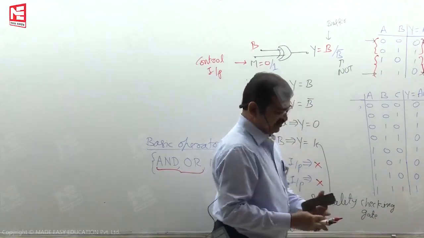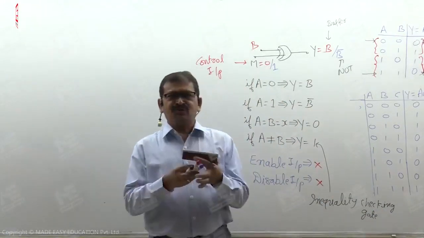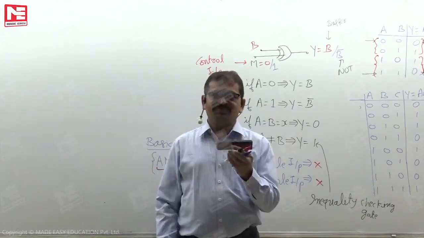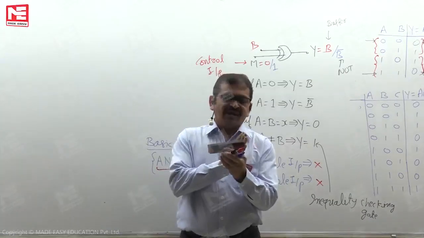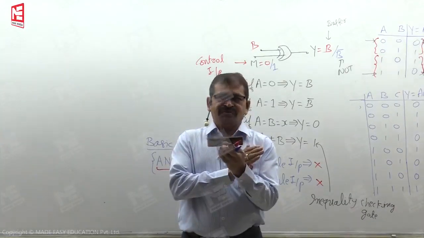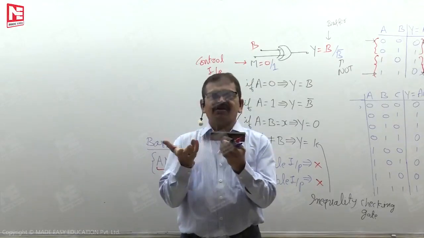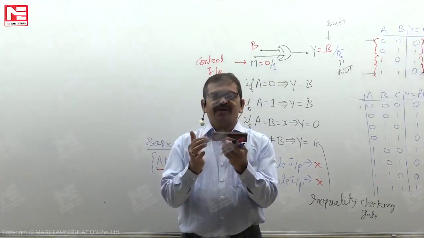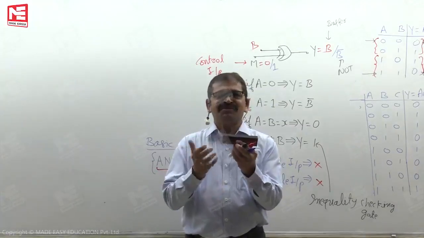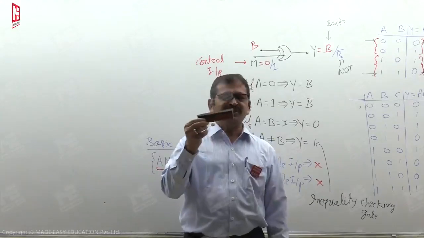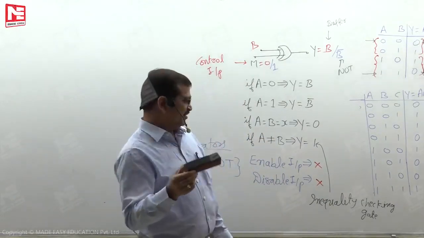Suppose it is a two input exclusive OR gate. We have A and B as the inputs. As long as the output is 1, it means the binary values of A and B are not same. Hence, we can now speak of these two input XOR as an inequality checking gate.